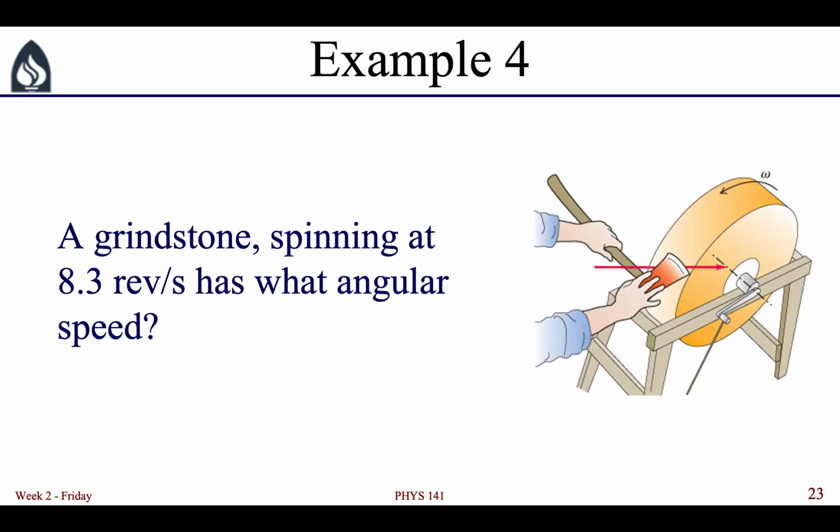So let's look at an example, and this example will help us to figure out what the angular speed is for something that's not given in radians per second. We're told that in this case the grindstone is spinning at 8.3 revolutions per second, and we want to find the angular speed, which should be in radians per second.